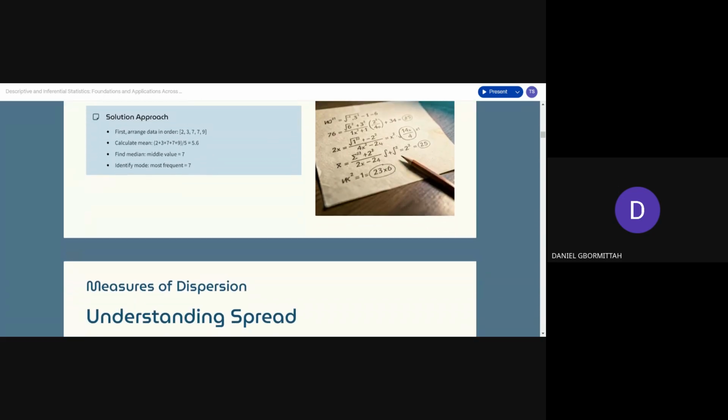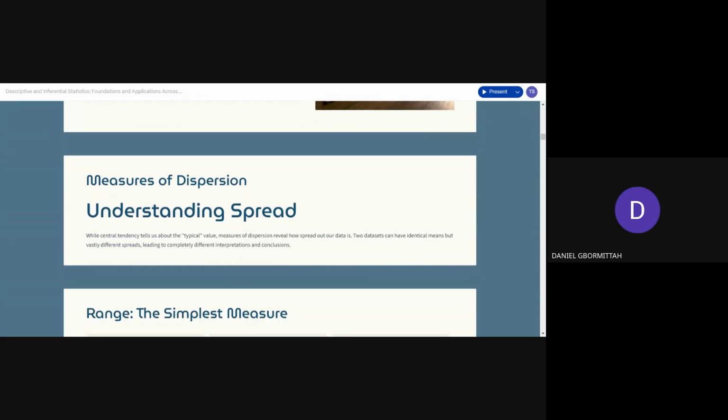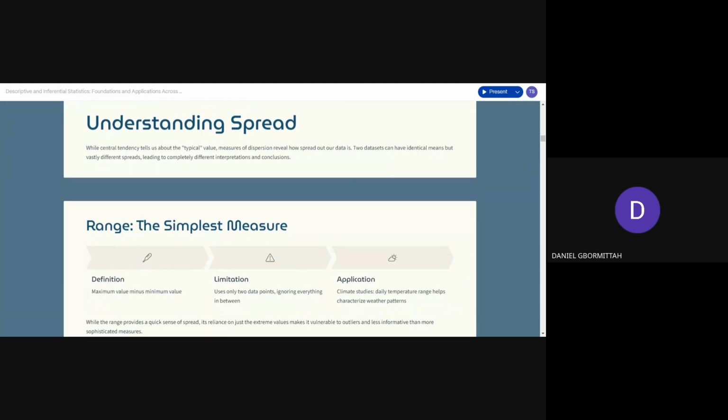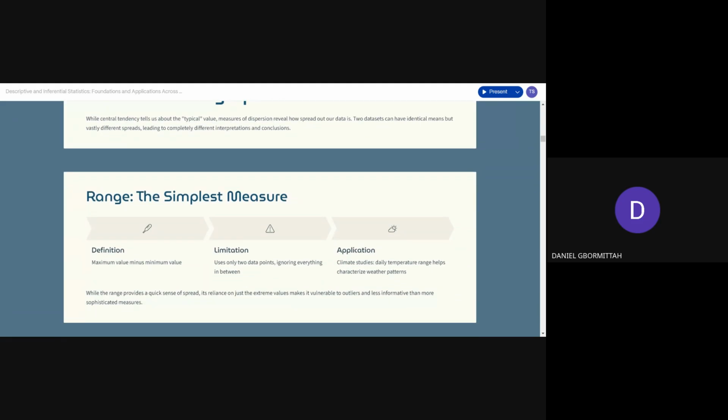Okay. So after talking about the measures of central tendency, there are other descriptive statistics that we've not considered. Dispersion. They are examples of measures of dispersion. They tell us how the data is spread around the mean.